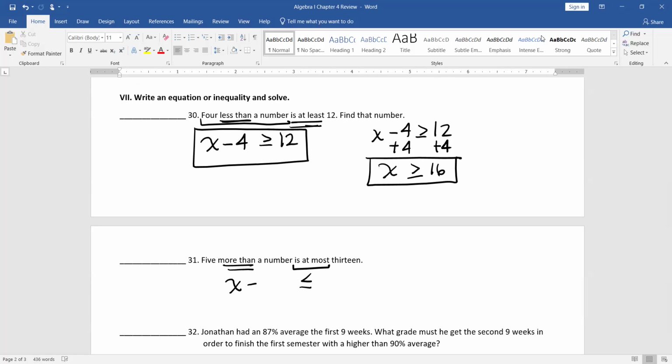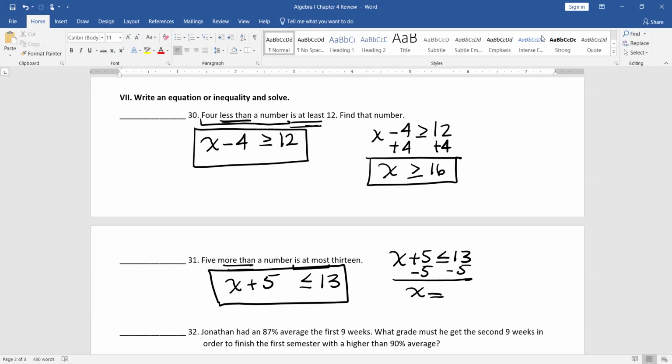So we start with a number, we add 5 to it, and that is at most 13. So there's our inequality, and then we solve it. X plus 5 is less than or equal to 13. So we subtract 5 from both sides, and we get X is less than or equal to 8. So there's our solution.